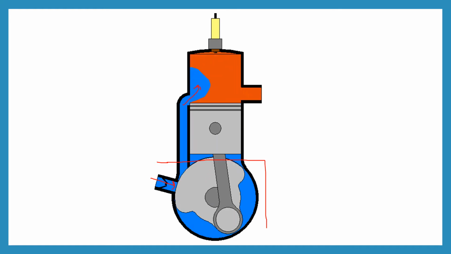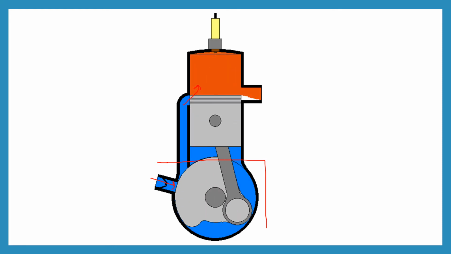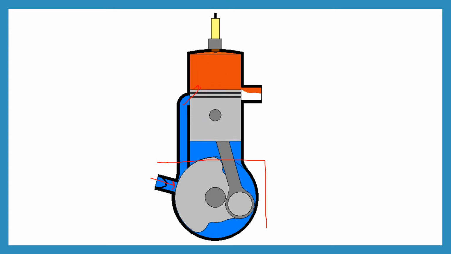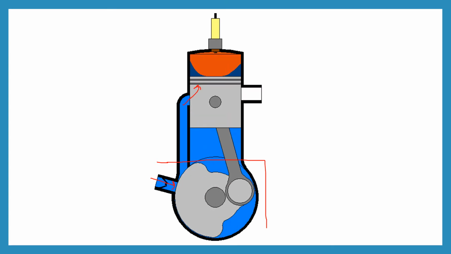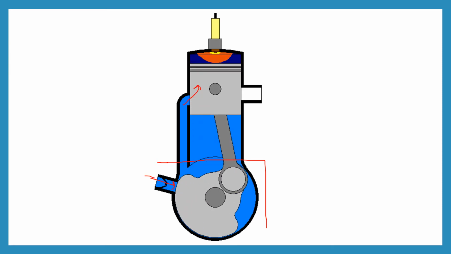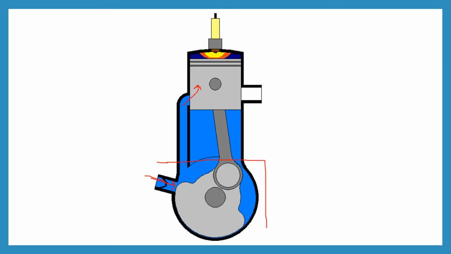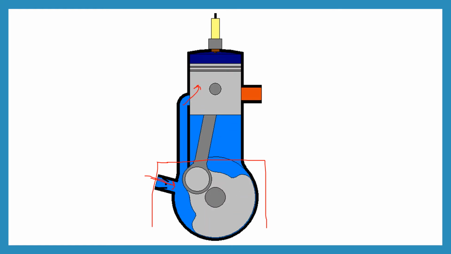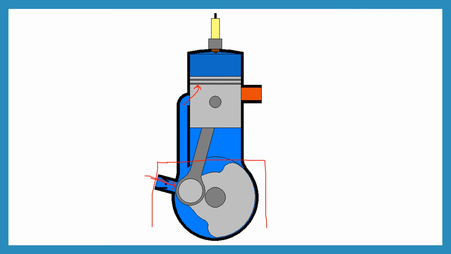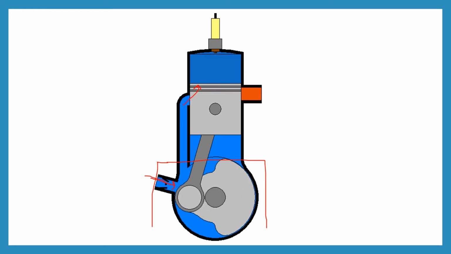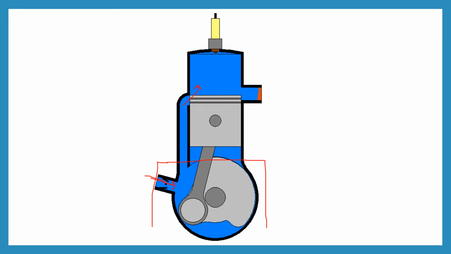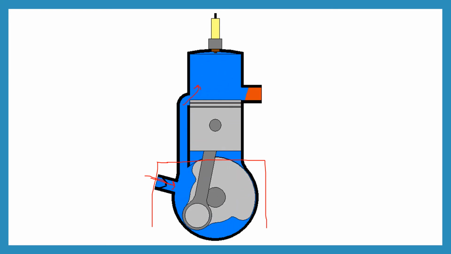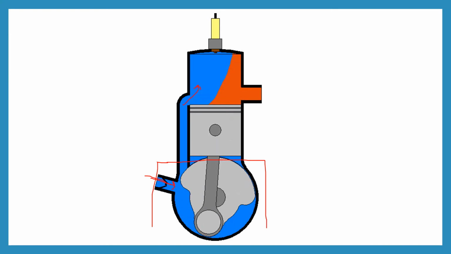Then the air present in the combustion chamber is compressed and it is ignited. Again air fuel mixture is introduced in the crankcase area of the cylinder, and after compression, the spark plug ignites this charge, and a huge power is produced, and the expansion stroke starts.